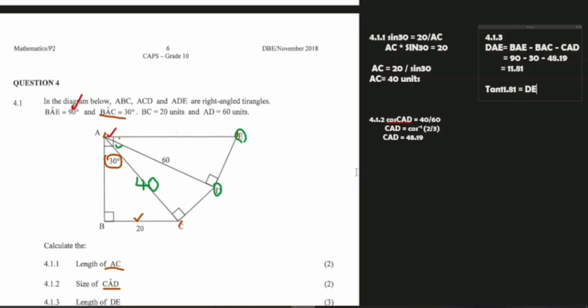So DE over adjacent, which is 60. So to make DE the subject of our equation, you multiply both sides by 60. And then you're going to be left with DE is equal to 60 multiplied by tan 11.81. And then your final answer is going to be 12.55 units.